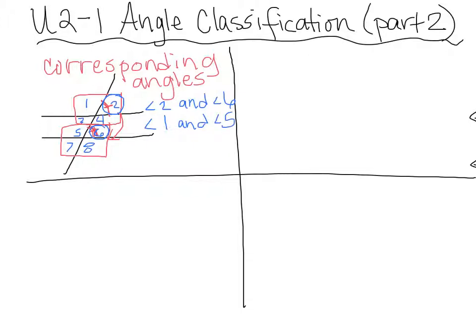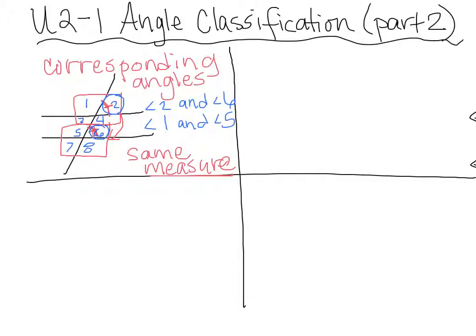They would slide right on top of each other. So would angles 3 and 7, and then 4 and 8. So those are called corresponding angles. And corresponding angles are the same exact measure. Okay, they're the same angle. So let's write same measure. Okay?